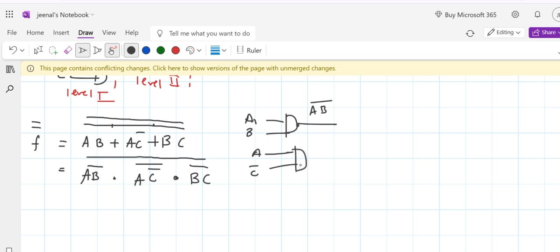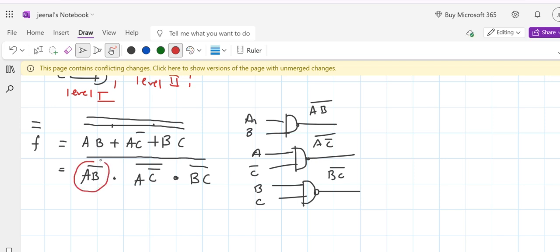This also goes to a NAND gate, and what I get is AC bar, the whole bar, because I have C bar already. Then I have BC through a NAND gate. I get BC bar. So I have implemented only this part of the equation till now. AB bar I have in my hand, AC bar the whole bar in my hand, and BC bar.